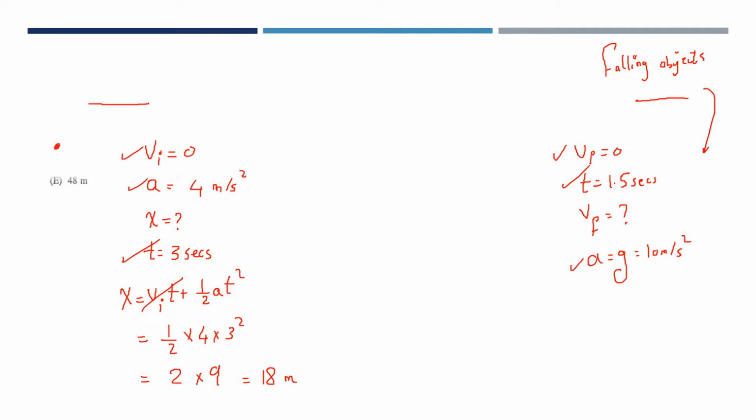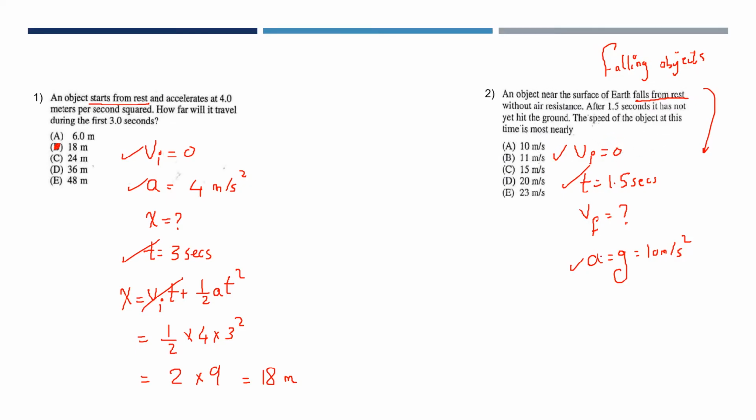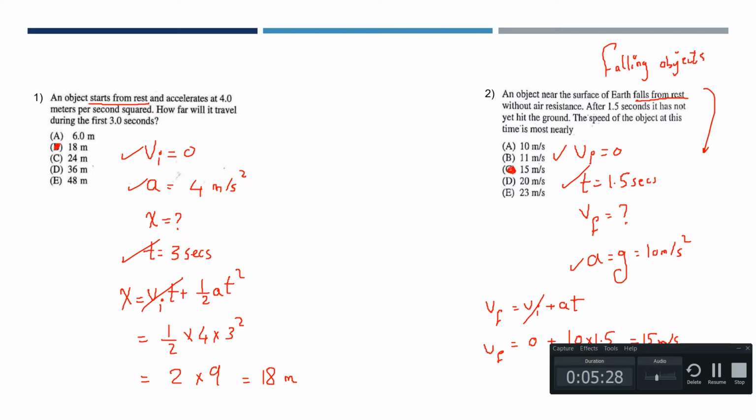Yes, we have to use the first equation. V final equals V initial plus A t. We have an initial speed of 0, and the acceleration due to gravity is 10. So 10 times 1.5 is 15 meters per second, the final velocity. The answer is C.